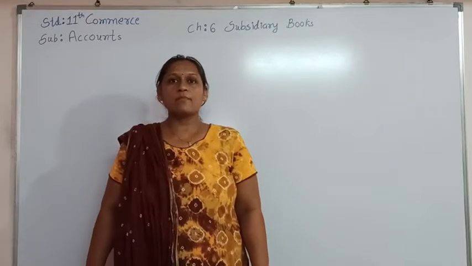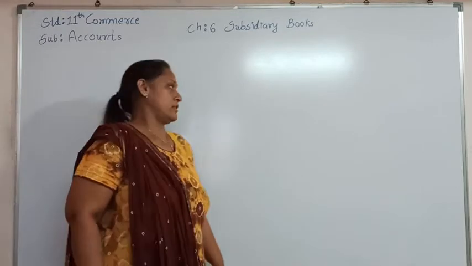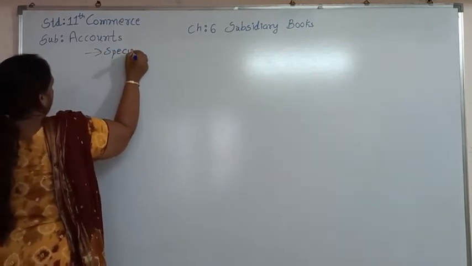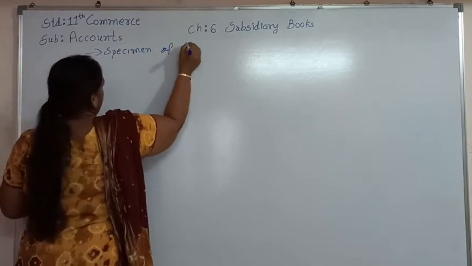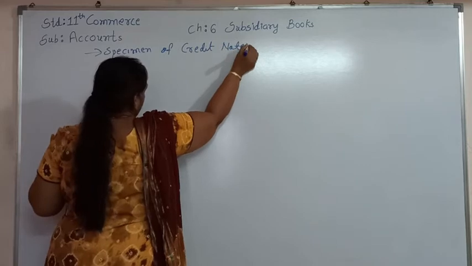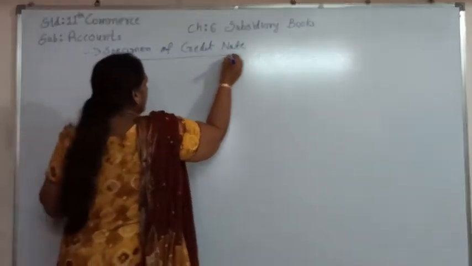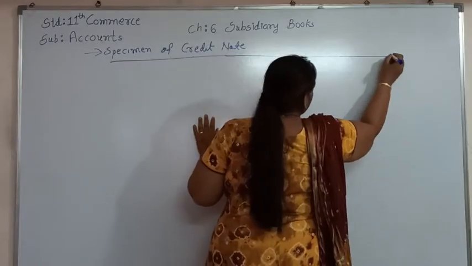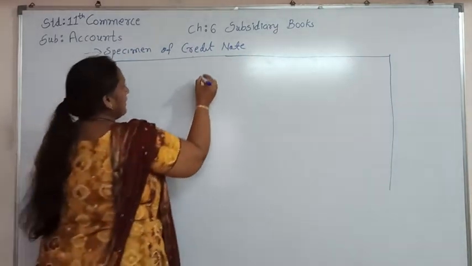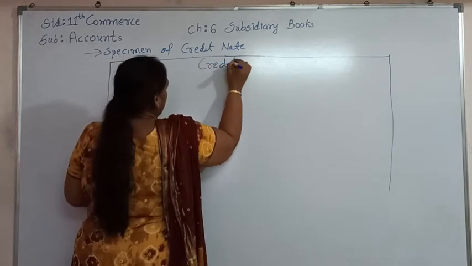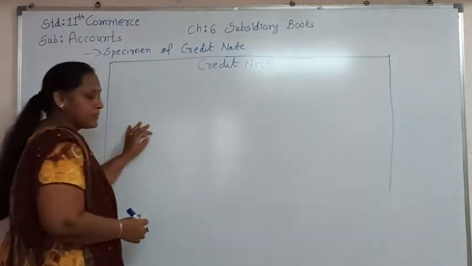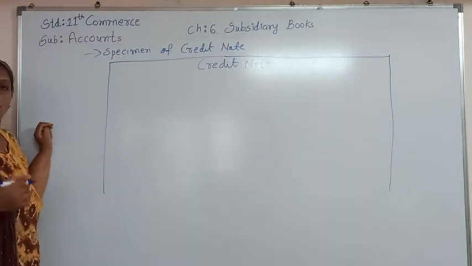Let's see the specimen of a credit note. So here, on top it should be written credit note. And here the name of the receiver is going to be written on the top.